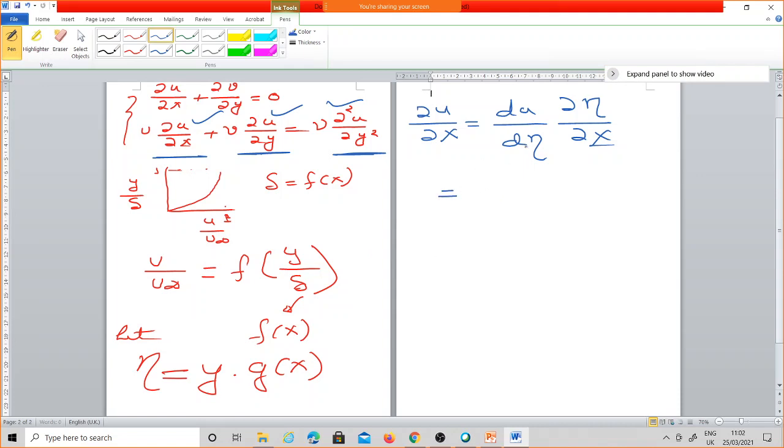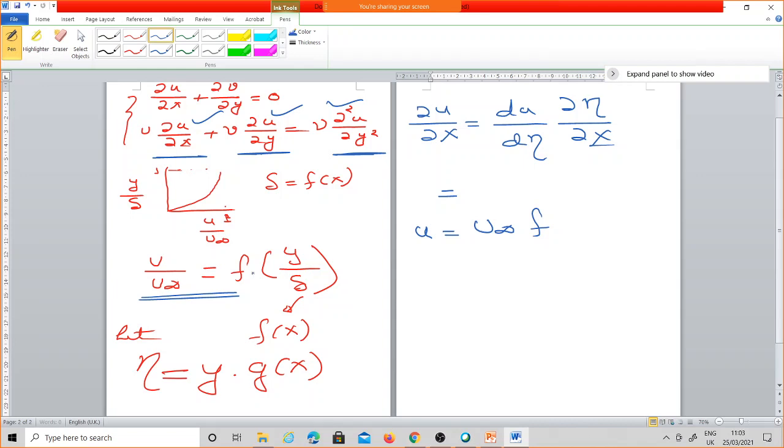So what will be du by d eta? What is du by d eta? So you know that u is equal to u infinity f from here. u is equal to u infinity multiplied by f. Okay, and f is a function of y by delta.